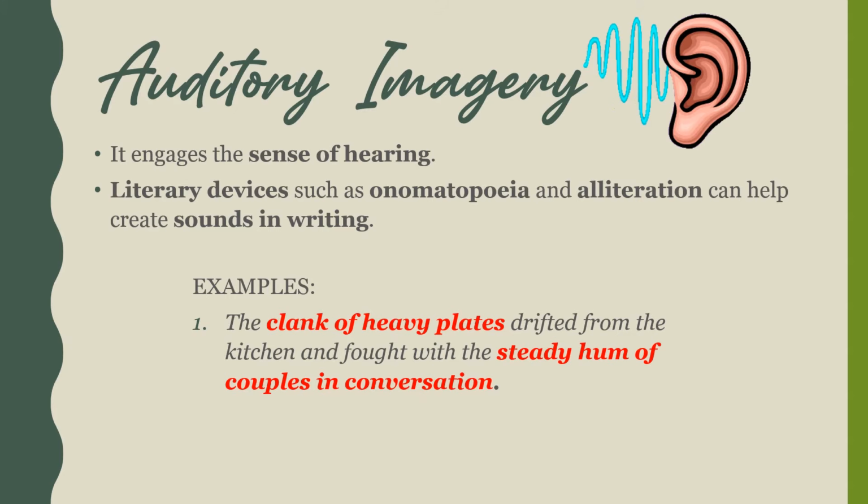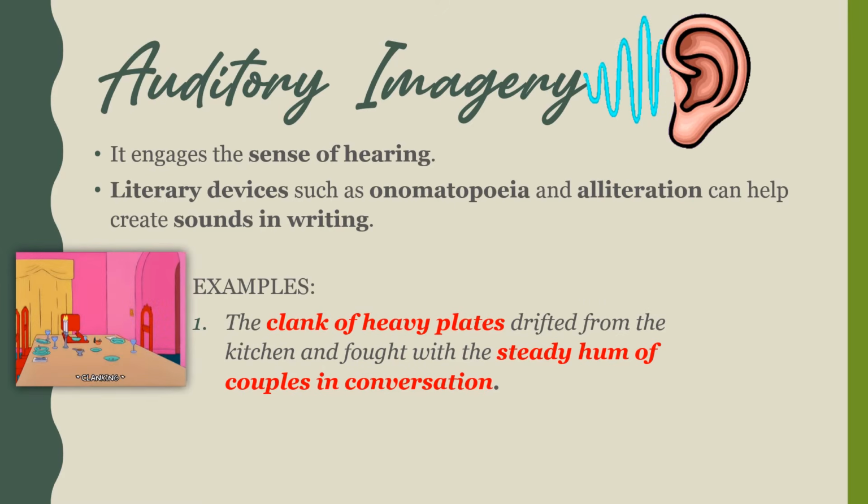First, the clank of heavy plates drifted from the kitchen and fought with a steady hum of couples in conversation. In this sentence, the phrases marked in red may imply that the speaker is surrounded by people who are eating and continuously talking to one another.